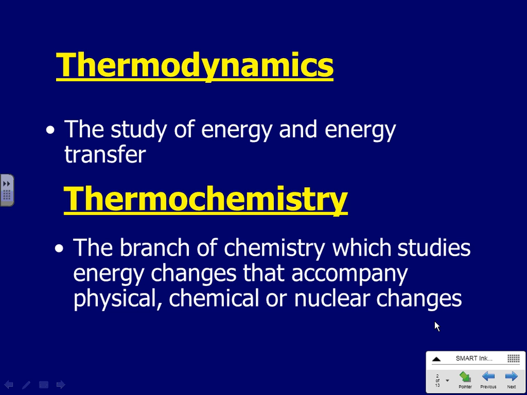We've talked about them last year. Remember, we talked about alpha decay and beta decay and a little bit about fusion and fission, just a little bit. We can analyze those things in terms of how much energy is entering or leaving that system when these changes take place. So that's what thermochemistry is. And that's ultimately what we want to do in this chapter.